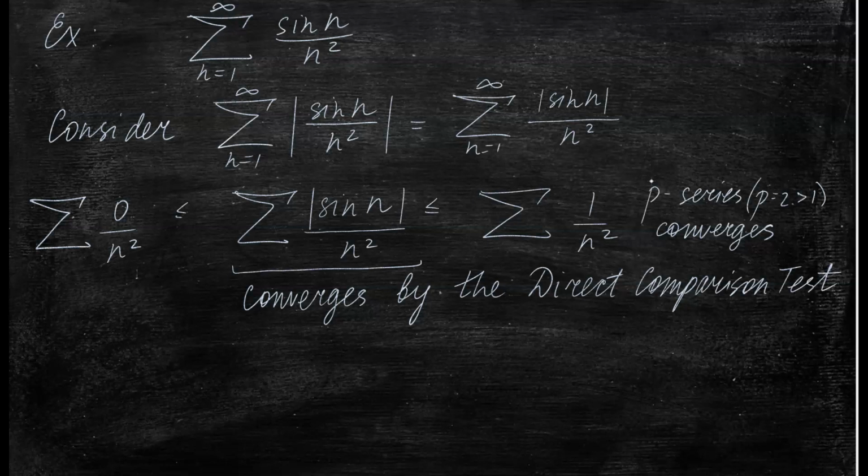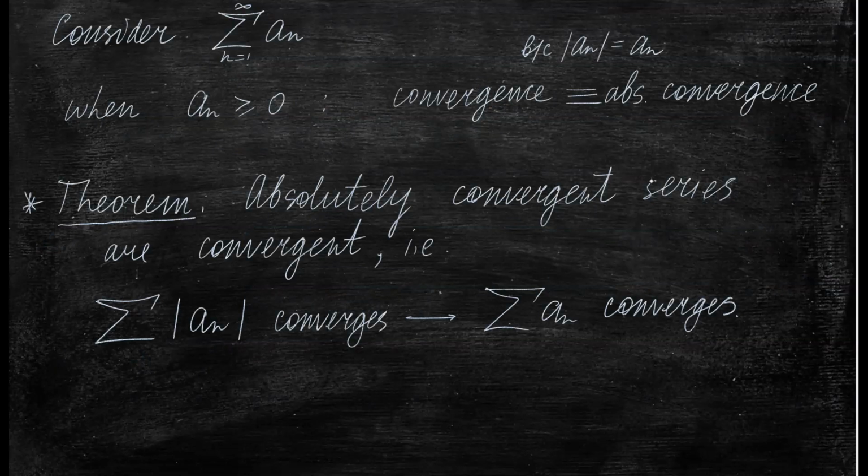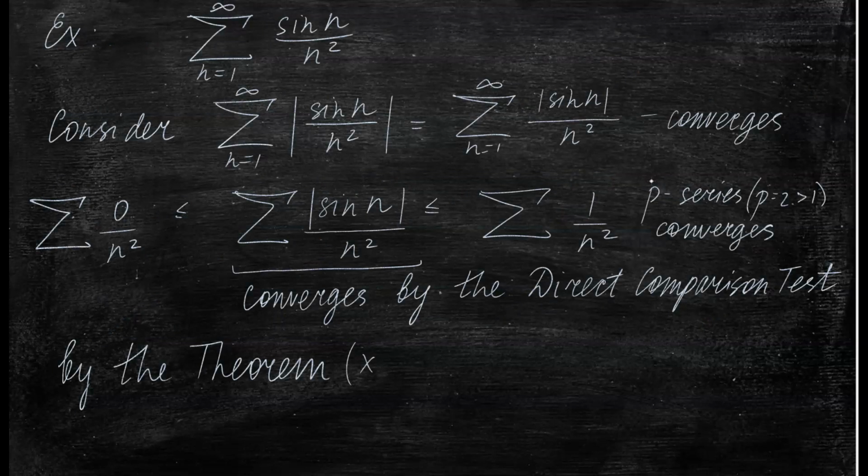And what does that mean? That means we just concluded that this series converges. But this series is the same as the series of the absolute value terms, and therefore by this theorem right here, the original series converges.